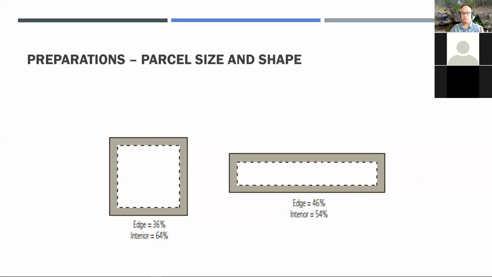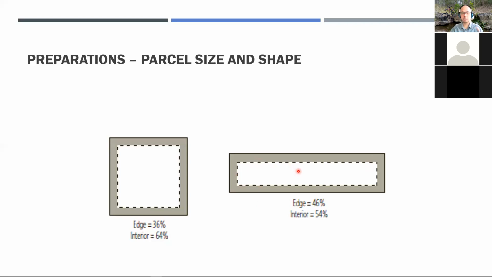The figure on the screen shows the relationship between parcel shape and edge to interior ratio for two parcels of equal area. Both these land parcels have equal area.